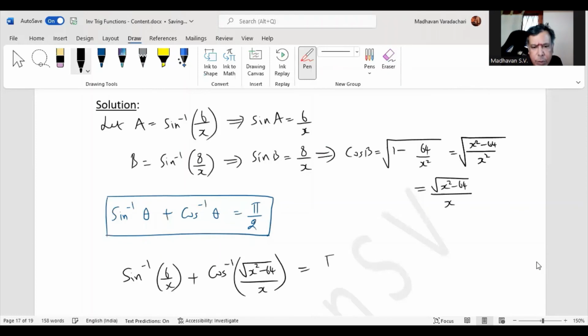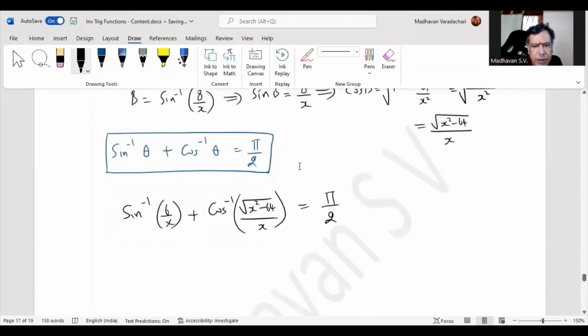I can equate this to pi by 2. If these two should match, then this implies that 6 by x should be equal to root of x square minus 64 divided by x.